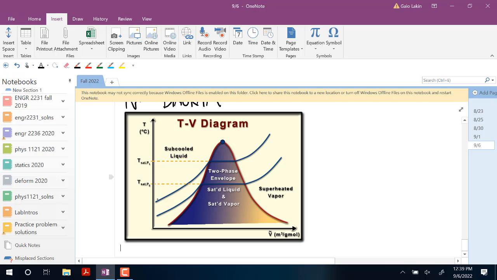So start over here on the left, and as you add internal energy, you have a liquid, and you're increasing the temperature, increasing the volume, until you reach, and these are for a constant pressure. This is what a process looks like with constant pressure. So you're increasing the temperature, increasing the volume, and you get to the saturated liquid point. You get to the boiling point.